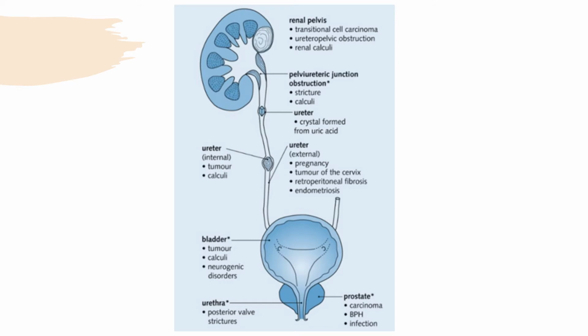Moving down to the lower urinary system, we have the bladder, where there could be a bladder tumor causing obstruction, again calculi or stones, and neurogenic disorders. The urethra, there can be a posterior valve stricture, and like I said, a meatus stricture. And then the prostate, so BPH, enlarged prostate, also prostate cancer as well.